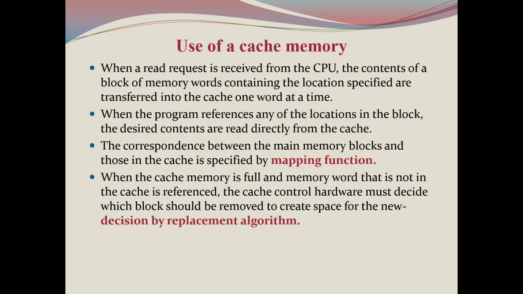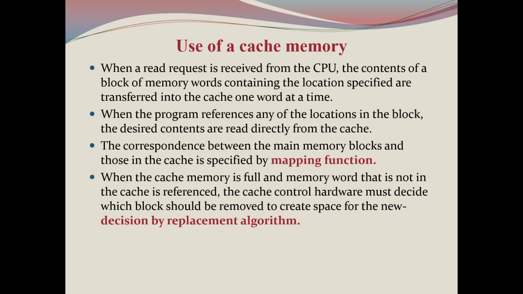When the program references any of the locations in the block, the desired contents are read directly from the cache. The correspondence between the main memory blocks and those in the cache is specified by the mapping function. We will discuss the different mapping functions of the cache memory in different lectures.